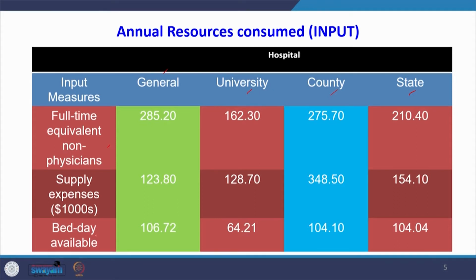When there are more beds, there are more bed days available: 106.72. Like that there are 4 hospitals. When you look at the county hospital, for example, this is the highest value, 348.5010. Now we are going to measure the efficiency of the county hospital when compared to the other 3 hospitals. So, these are the inputs.